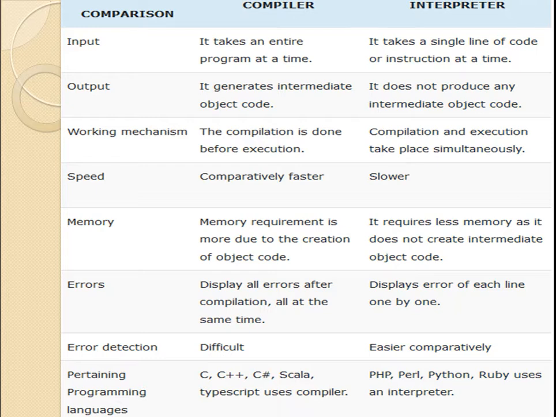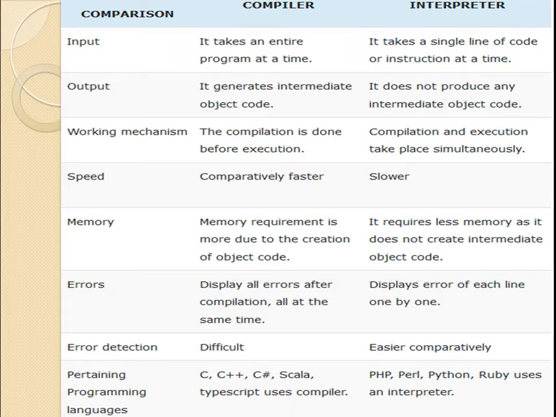Okay. If we compare the output, the compiler generates intermediate object code, whereas interpreter does not produce any intermediate object code. Working mechanism: the compilation is done before execution, whereas in interpreter, compilation and execution take place simultaneously.